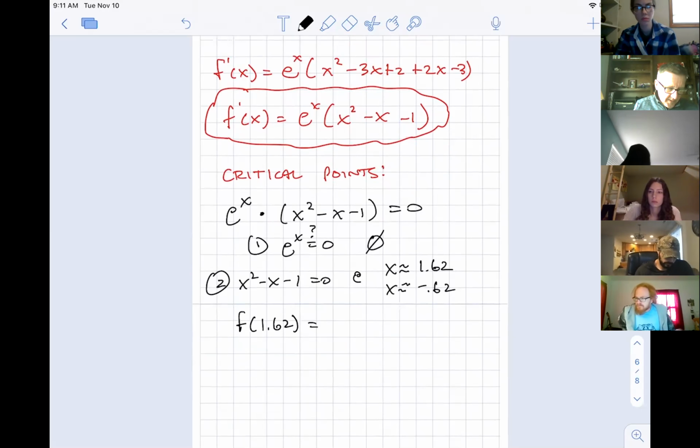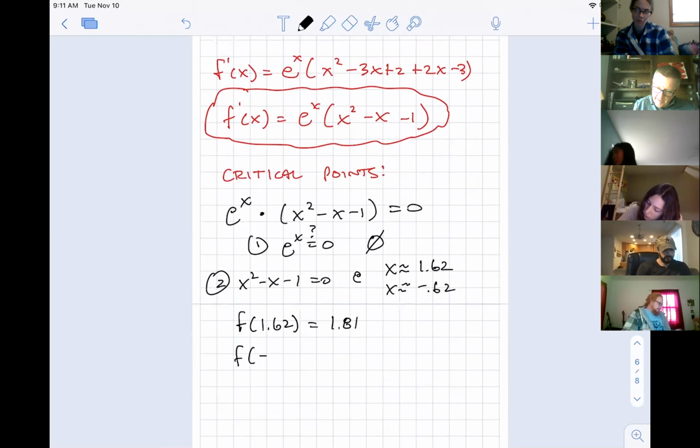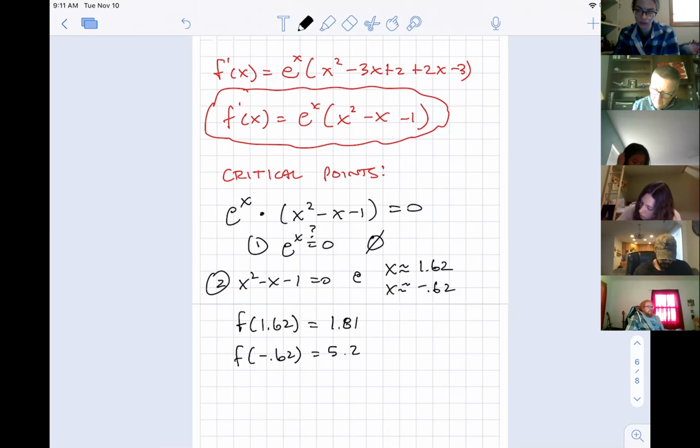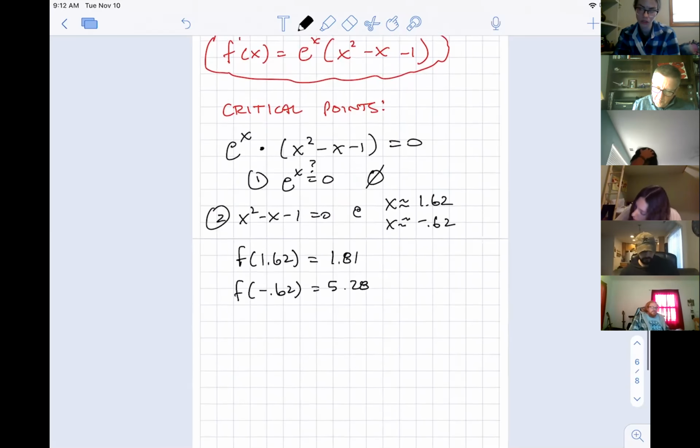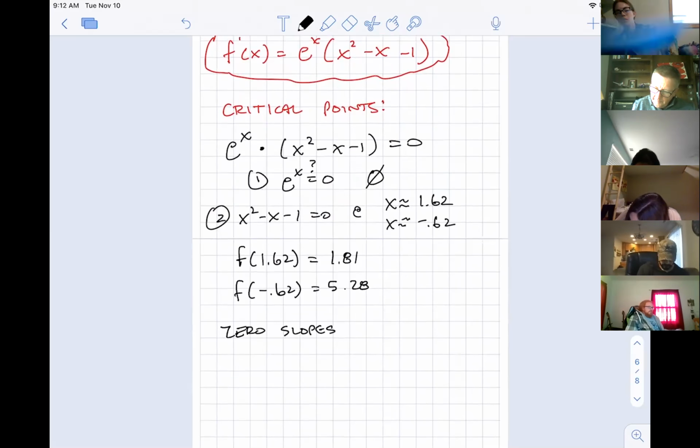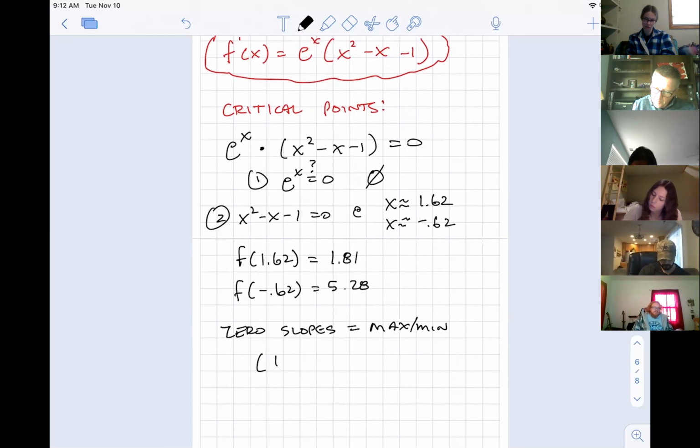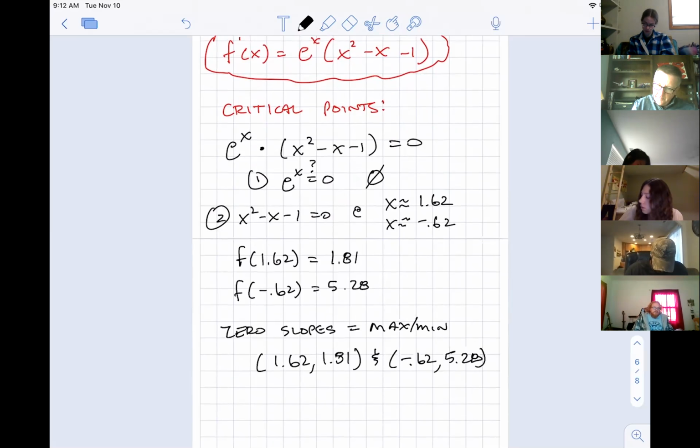So I get 1.81 for that. And when I stick in negative 0.62, I get 5.28. So my zero slopes, or max and minimums, are at 1.62, 1.81, and negative 0.62, 5.28.